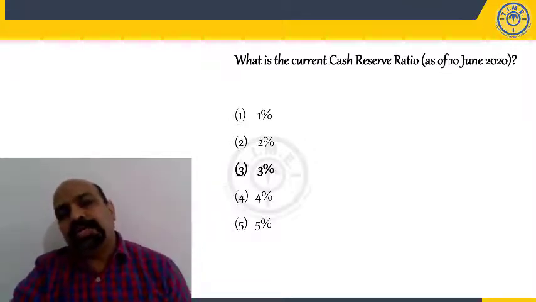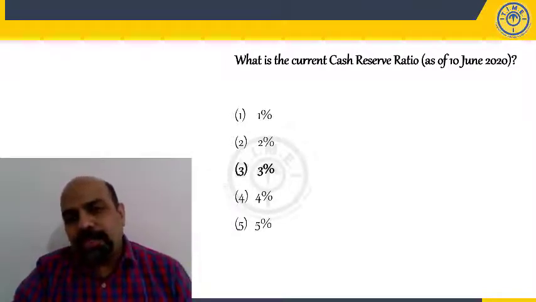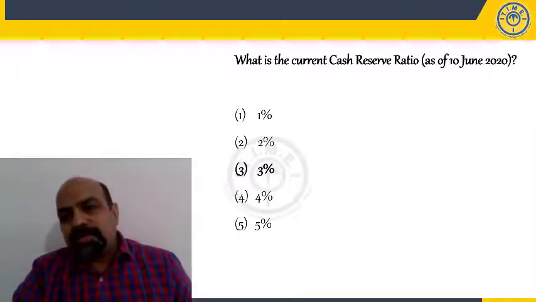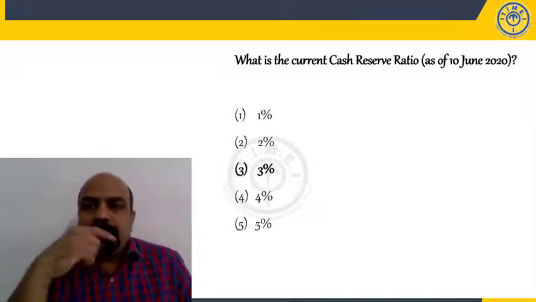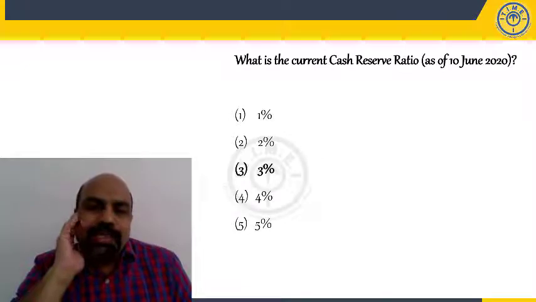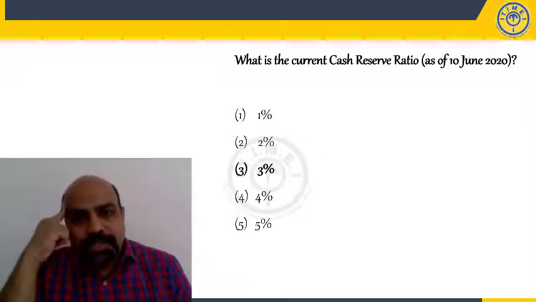Savings account, current account and FDs. Full stop. The current CRR, you could write the date also. As of June 10th, 2020 is 3%.